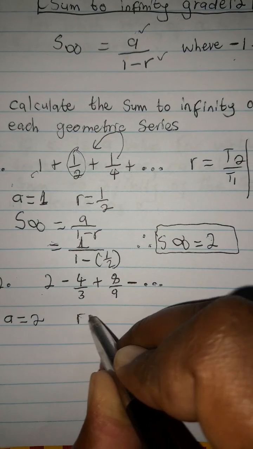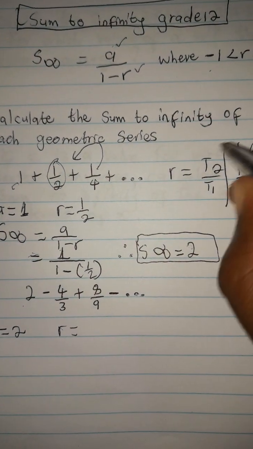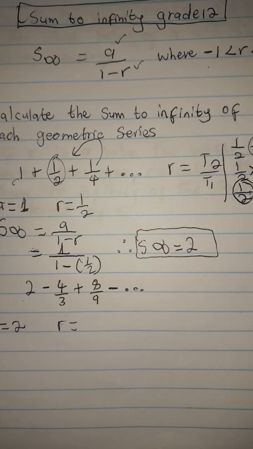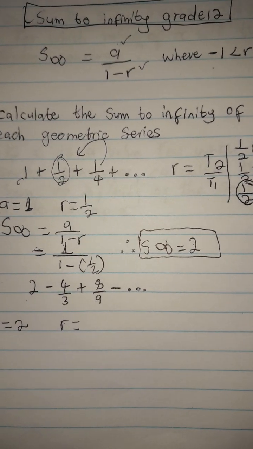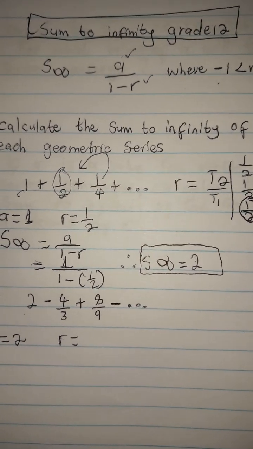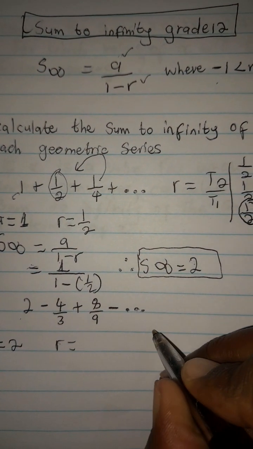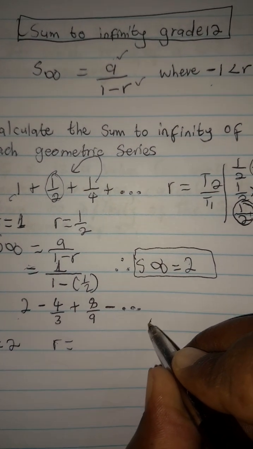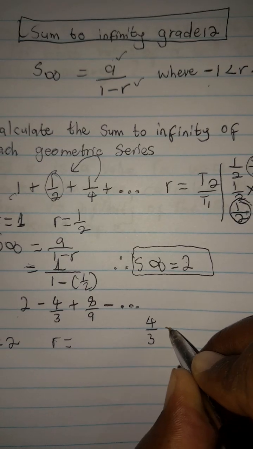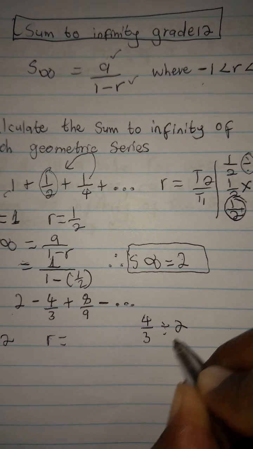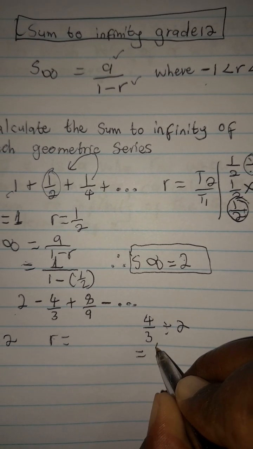We need to find the constant ratio. Remember, I said you say term 2 divided by term 1, term 3 divided by term 2, to calculate the constant ratio. In this case, we have 4 over 3 as our term 2, and we have 2 as our term 1. So let me work it out.